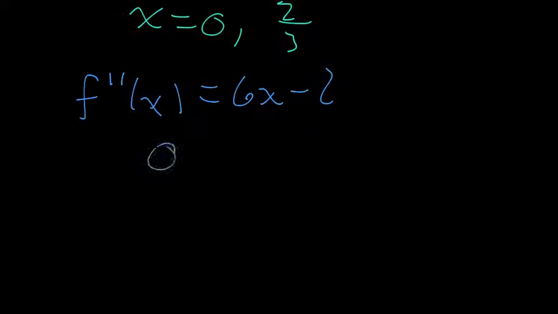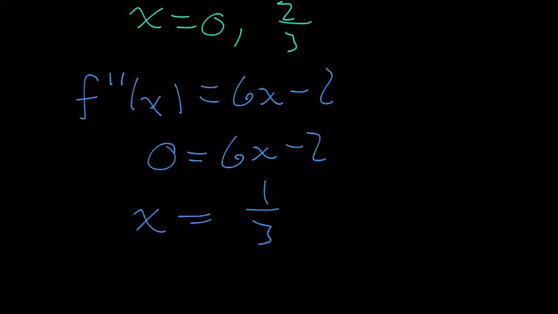So I'm going to set our second derivative equal to 0 and then solve for x. And you should get that x is equal to 1/3. That tells us that there is an inflection point at x equals 1/3. That's the only place where the second derivative is equal to 0. So both our critical points, 0 and 2/3, can't be inflection points, since the second derivative isn't equal to 0 at those points.